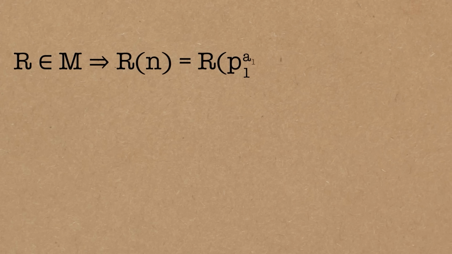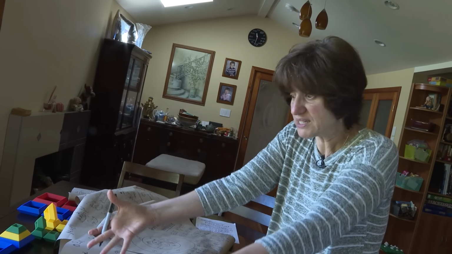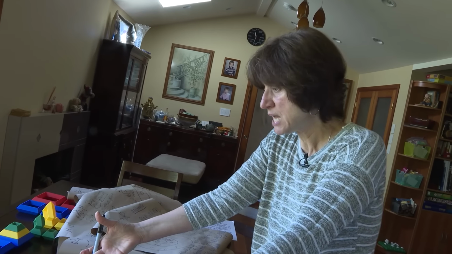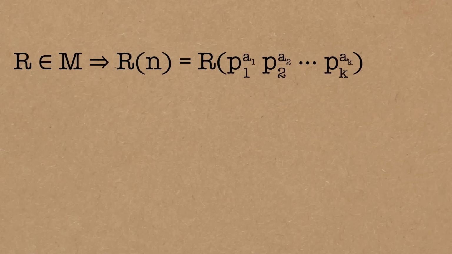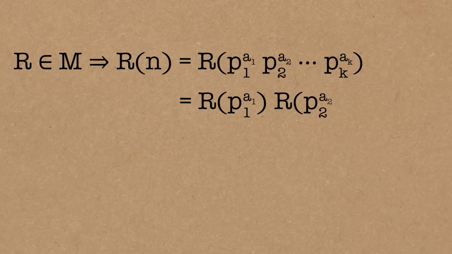So, if I feed to it any n, and I write the prime power decomposition of n, p1 to the a1, p2 to the a2, and so on, pk to the ak, because those prime powers are pairwise co-prime, multiplicativity kicks in, and I can split this into the product of what the Raffle function is doing on prime powers.